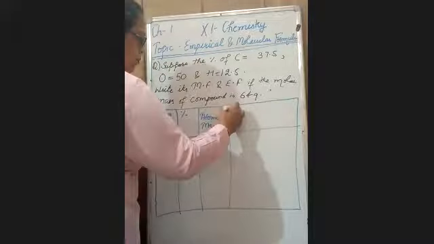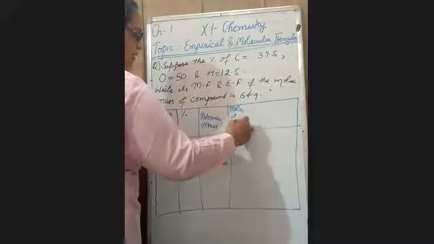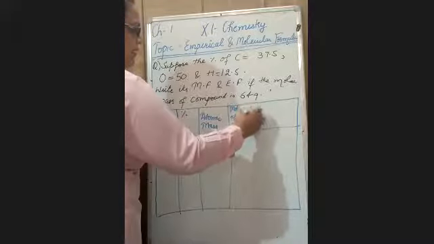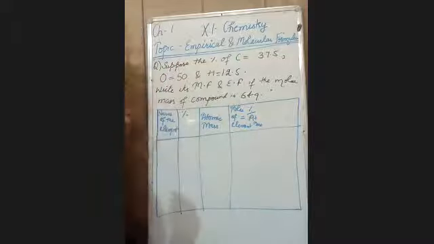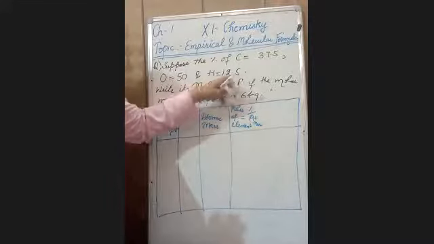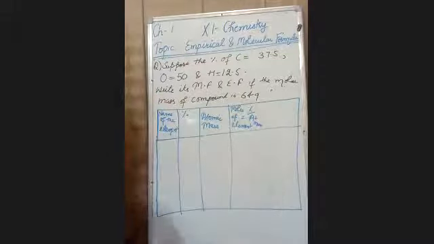Fourth, moles of element, which is equal to percentage over atomic mass. Like in the previous class, I told you number of moles is equal to given weight over molar mass or atomic mass.